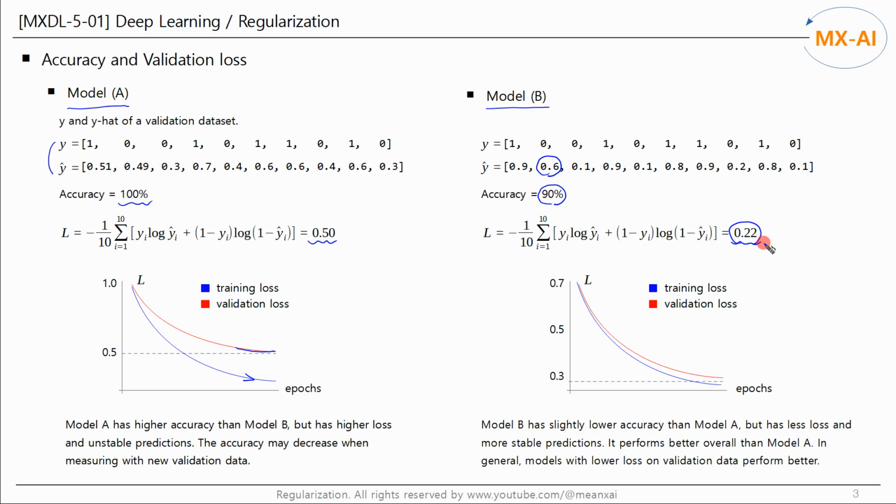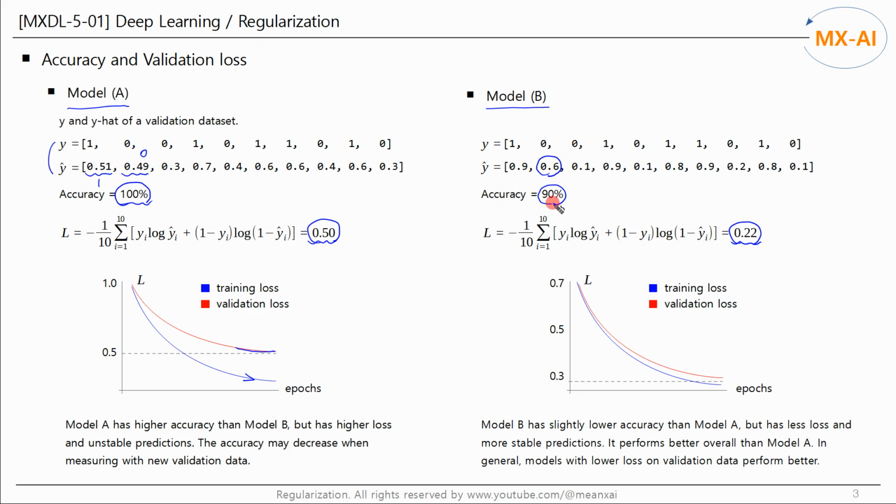Model B performs better. Model A has higher accuracy than Model B, but has higher loss and unstable predictions. Classifying this data point as 1 and classifying this data point as 0 are somewhat unstable. The accuracy may decrease when measuring with new validation data.